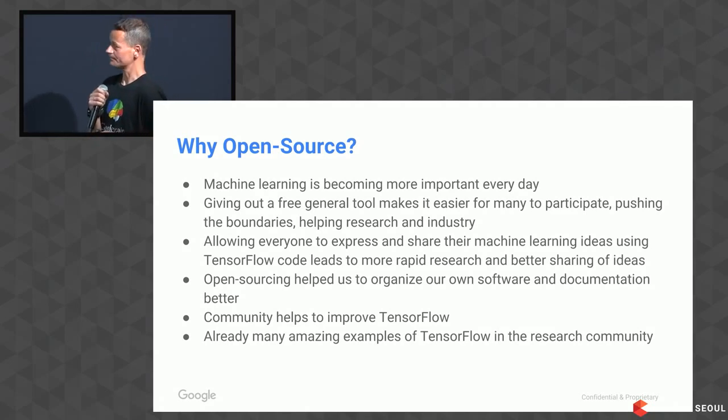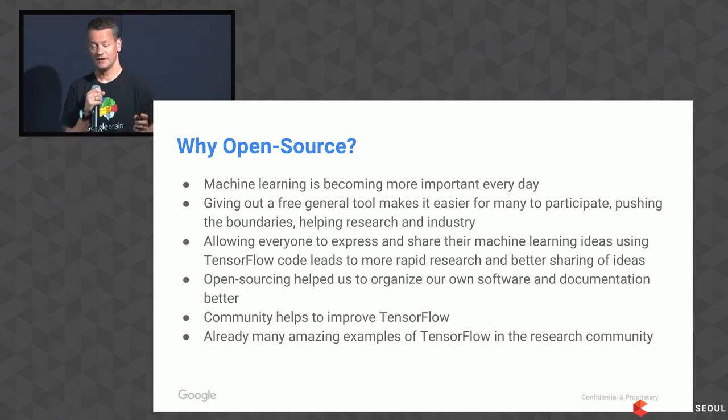Giving out a free general tool makes it easier for many to participate, and it pushes the boundaries and really helps research and industry at the same time. Allowing everyone to express and share their machine learning ideas using TensorFlow code leads to more rapid research and better sharing of ideas.